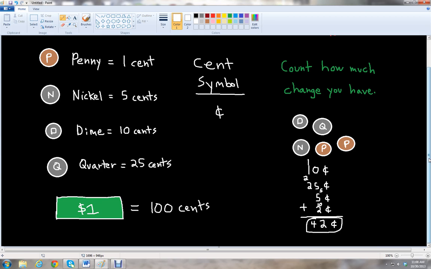Now let's say we wanted to count change if we had 3 quarters, two dimes, 4 nickels, and let's say 5 pennies.